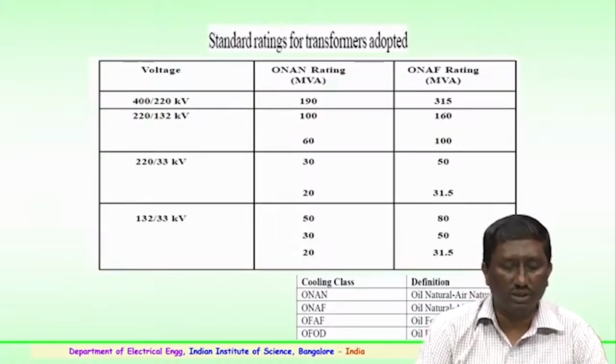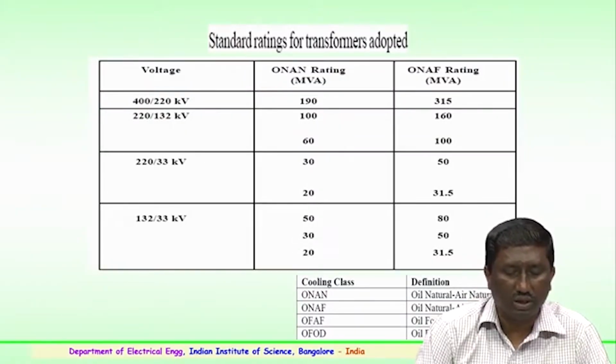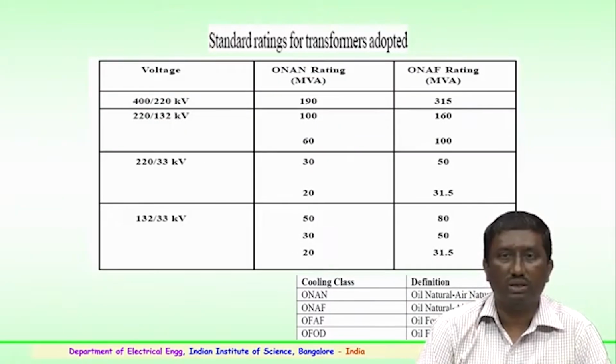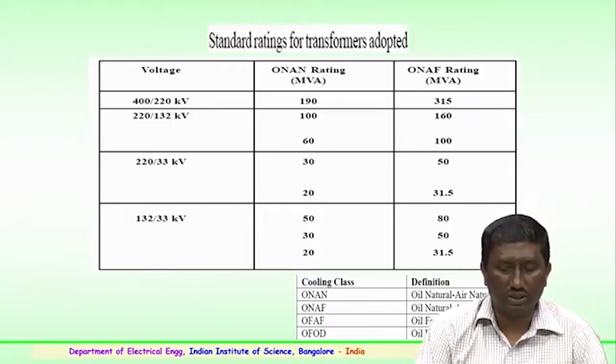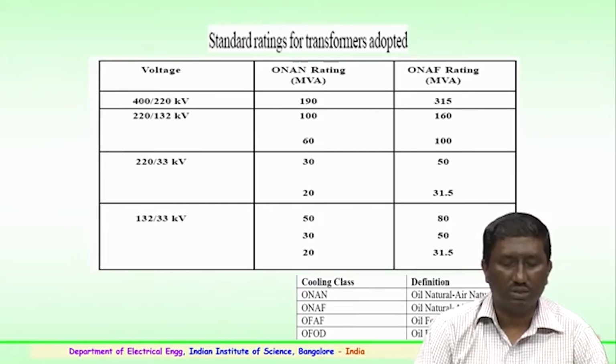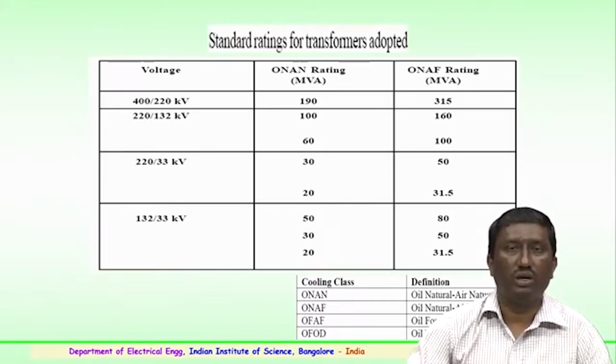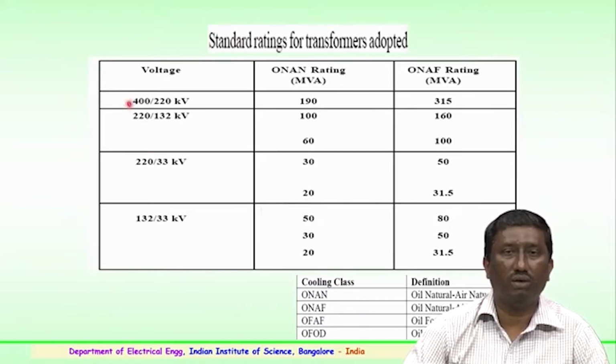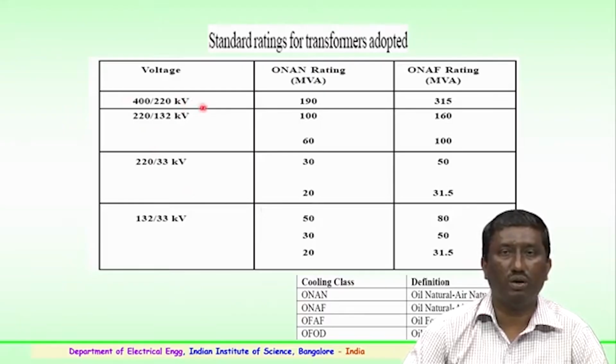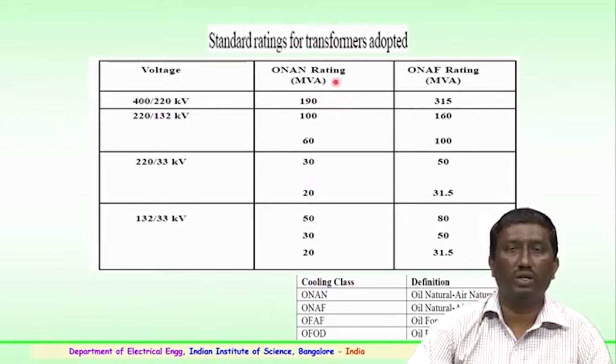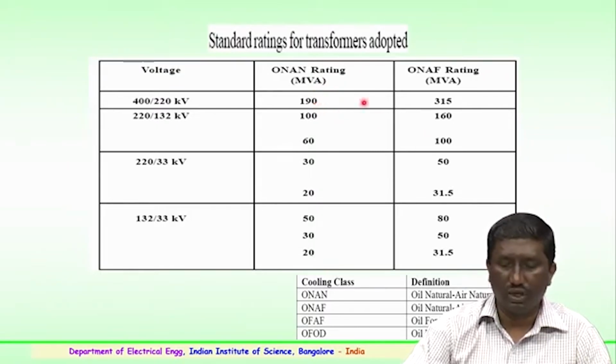Some of the information normally available for the standard ratings of transformers adopted for substations is shown here. For a voltage level of 400 or 220 kV, an oil natural, air natural rating of 190 MVA is typically adopted.